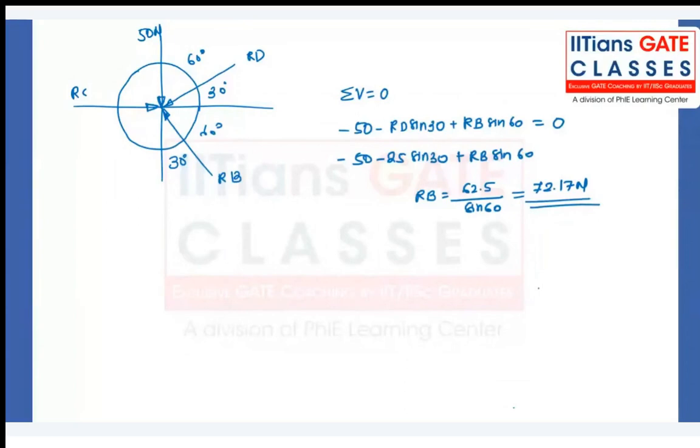If you do the summation of all horizontal forces equal to 0, then minus RD cos of 30, minus RB cos of 60, plus RC equal to 0.